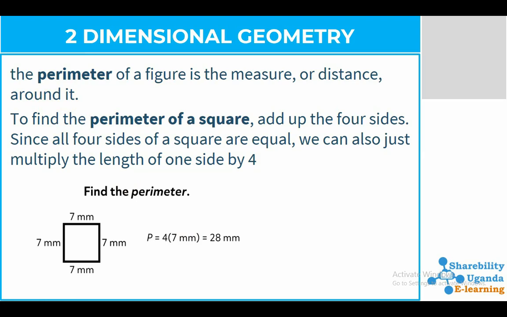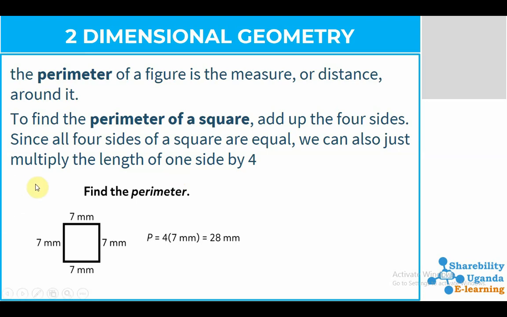In simple terms, the perimeter of a figure is the measure or distance around it. You just measure the distance around the given shape, and you know that it has these distances around it.